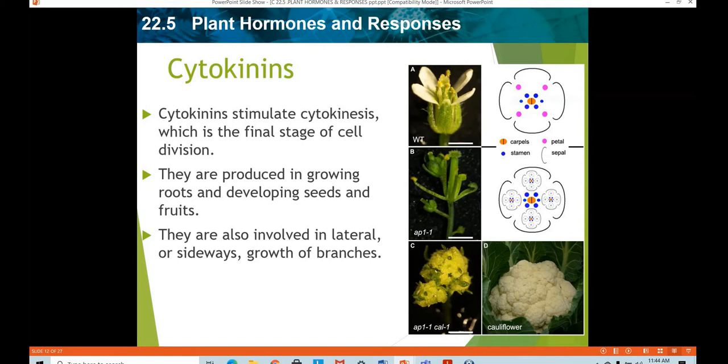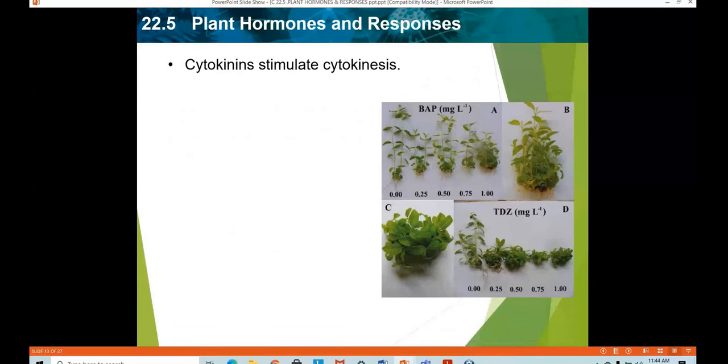So the basic function of cytokinin is to stimulate cytokinesis, the division of the cytoplasm, and they are also produced in growing roots and developing seeds and fruits. They are used in the growing of lateral branches, and florists spray them on flowers so that they don't get spoiled easily and stay green longer. Okay, clear about cytokinins?